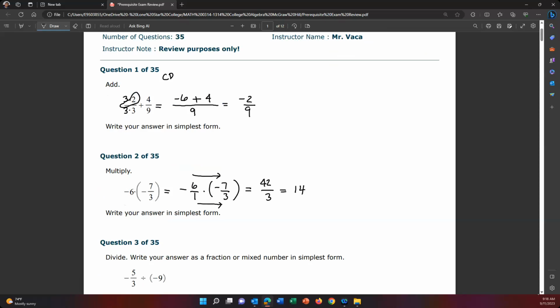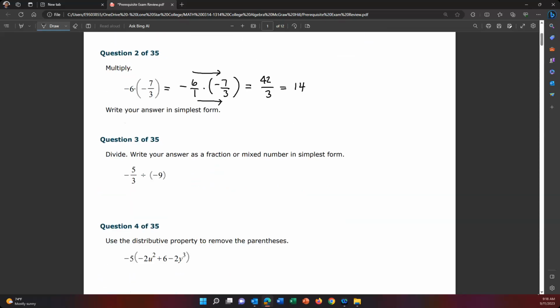Question number 3. Here they want us to divide, and they got some fractions, and this could also be written as a fraction. So let me say it like this. We have -5 over 3 divided by -9 over 1. Okay, so let's get the sign right. A negative divided by a negative will be positive.